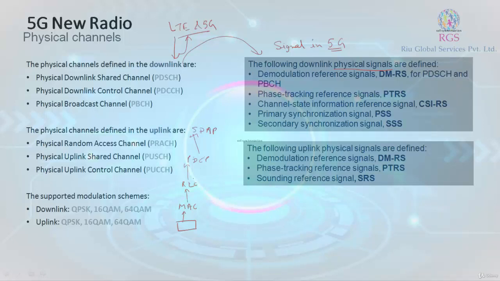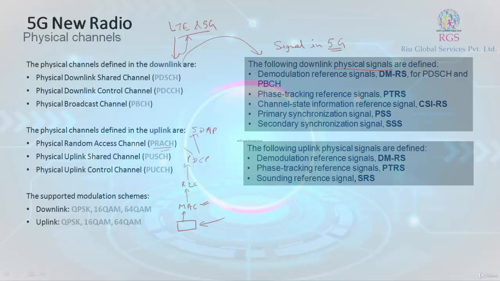But some channels end up at the MAC layer only, like PRACH. Some channels go beyond that, to PDCP, and so on. But the physical signals have relevance only in the physical layer. That means there is no meaning of physical signals in the MAC layer, and no meaning of physical signals in the RLC layer.